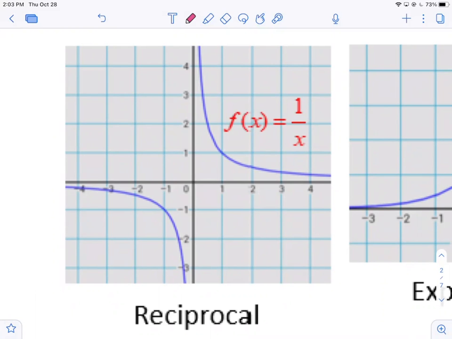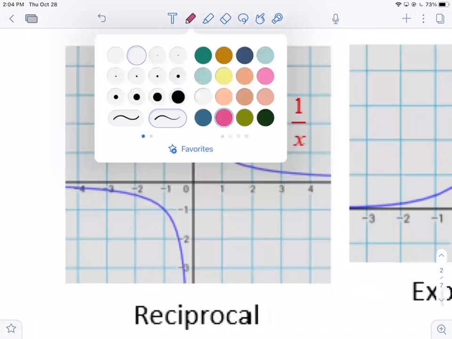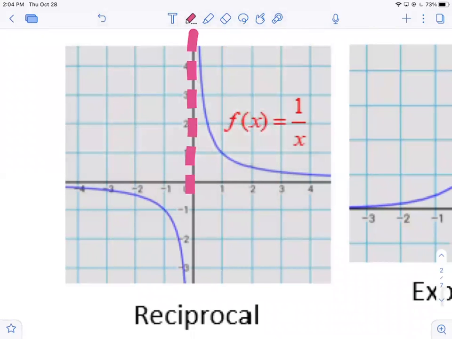What are they? What forces the graph at 0 to go straight up and straight down? A what? Vertical asymptote. Yeah, so let's see if we can draw that here. Okay, and the reason this came up the other day when we were talking about end behavior is what happens to your y values as you head out to the right or left.